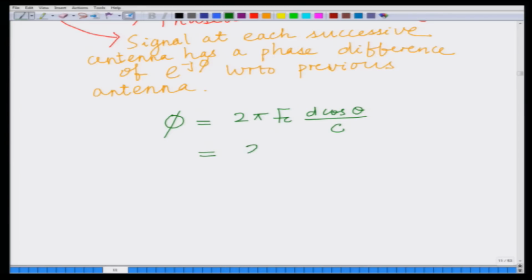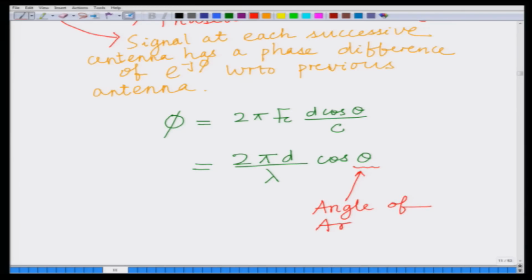So, this phi is equal to 2 pi d divided by lambda cosine theta, where you probably remember that this theta is the angle of arrival, or the angle between the signal and the vertical line. This theta is also known as the angle of arrival for this uniform linear array or for this phased array.